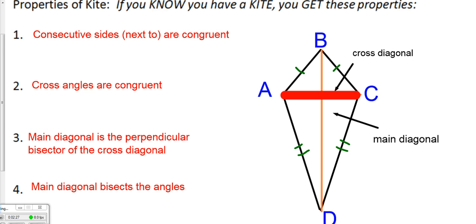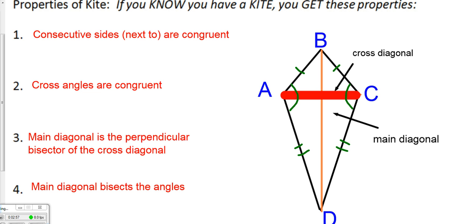The cross angles, the ones that go with the cross diagonal, are congruent. So this angle is congruent to this angle. This angle is not always the same as this angle. So it really matters which one is which. You have to say that this one goes with the cross diagonal, so the cross angles are the ones that are congruent.